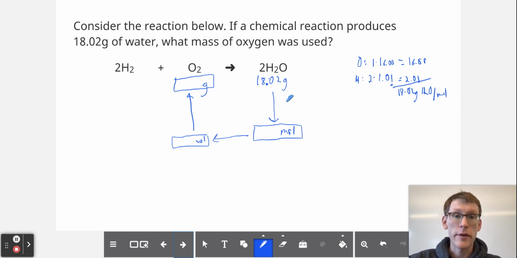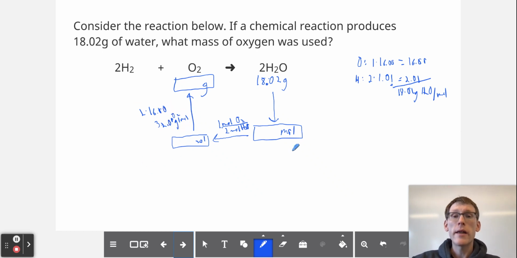So that's the conversion factor that's going to get me from grams to moles of water. I know that according to my chemical equation, for every 1 mole of oxygen used up, I get 2 moles of H2O, and that's going to get me from moles of H2O to moles of oxygen. And then finally, to get from moles of oxygen to grams of oxygen, I say that we have 2 times 16.00 gives us 32.00 grams per mole of oxygen, right, of O2.